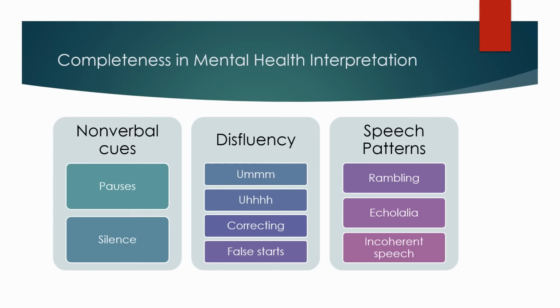We also have disfluency. Now, providers can show some disfluency in their speech, and it is important for us to completely interpret disfluency. But for the patient, we need to pay special attention. So disfluency are any kind of interruptions in speech.